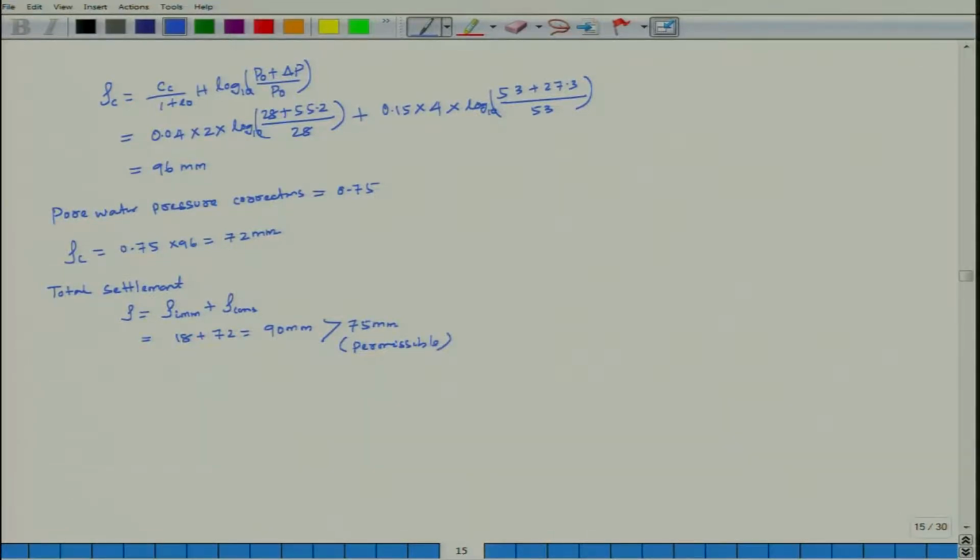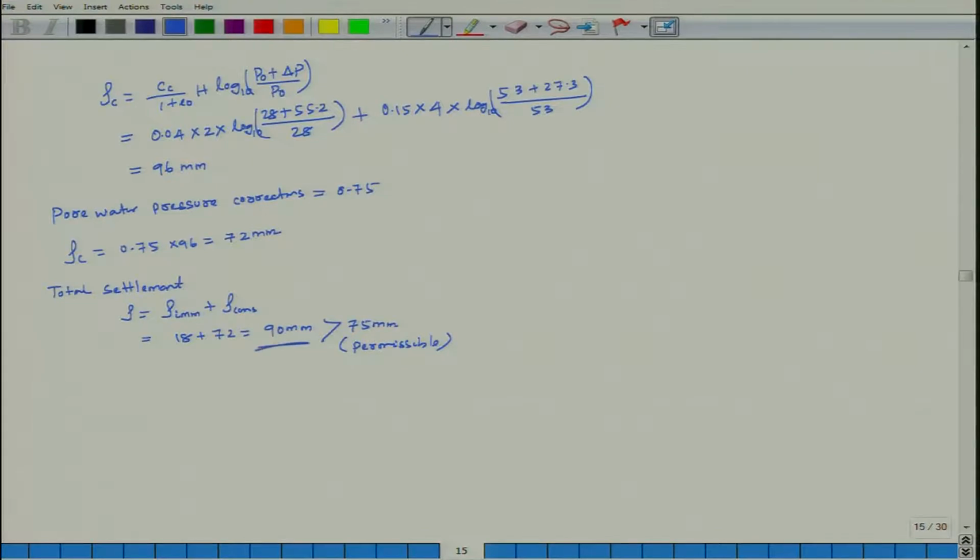What does it mean? That means whatever dimensions you have taken are not okay for a strip foundation of 3 meter by 17 meter. It is not okay, because the total settlement I am getting is 90 mm, which is much higher than your permissible settlement of 75 mm.